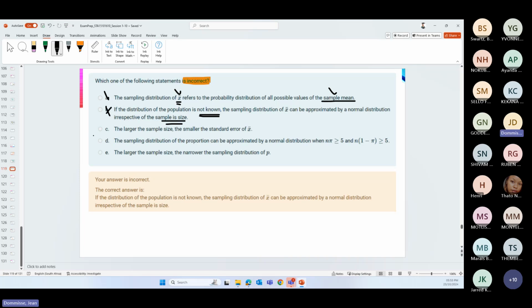Okay, then I think we're gonna touch on option C with another question, but the larger the sample size, the smaller the standard error. And let's just check how we write that, the standard error.